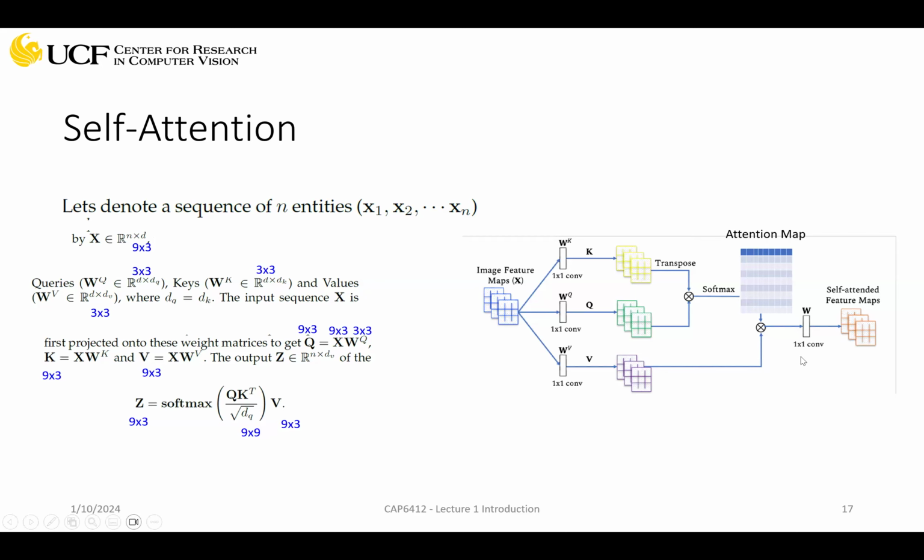We have 9 for that one. So that basically is self-attention. And this is very important. You need to understand the math, the matrices, and also the convolution.